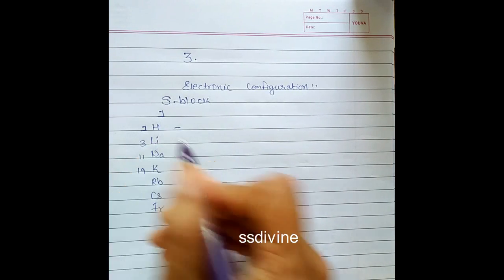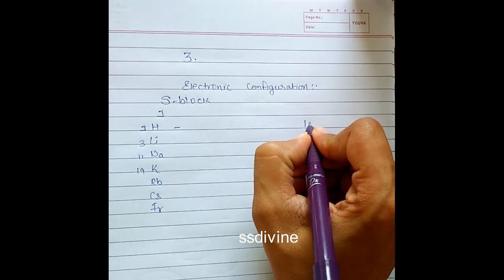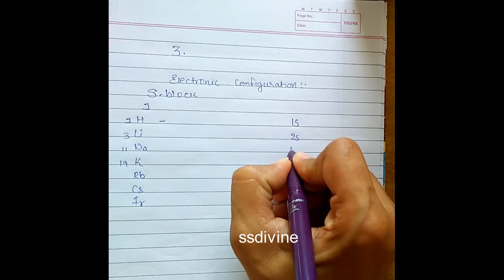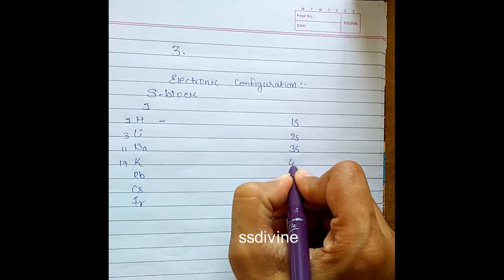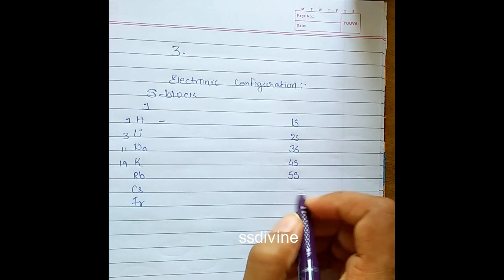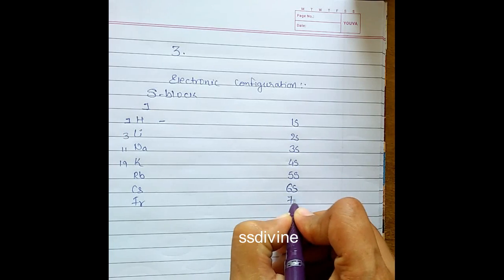Here, as we know, filling of electrons is like how the electrons can be filled: 1s, 2s, 3s. This you might have learned in chapter number 2, that is structure of atom.